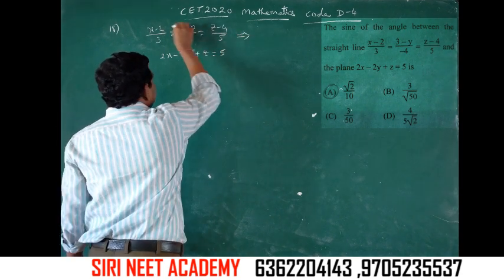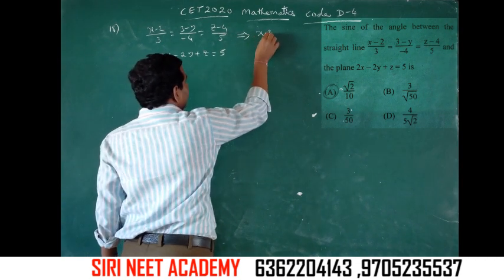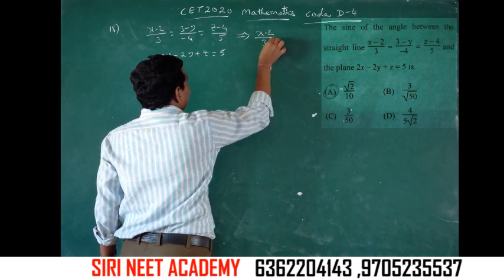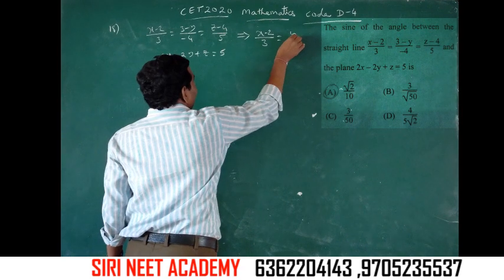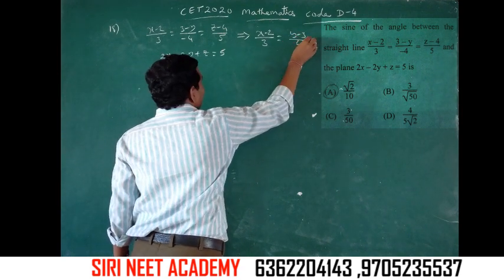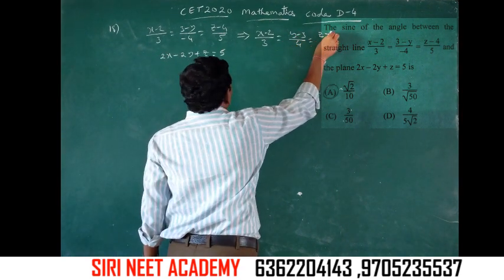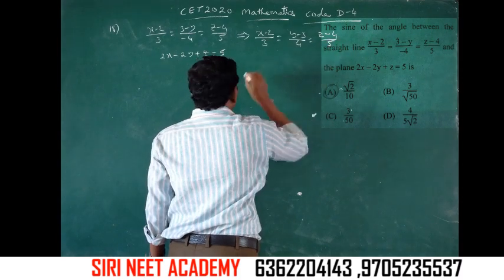So write the equation of the line in standard form. Take minus common: (y minus 3) divided by 4 is equal to (z minus 4) by 5.